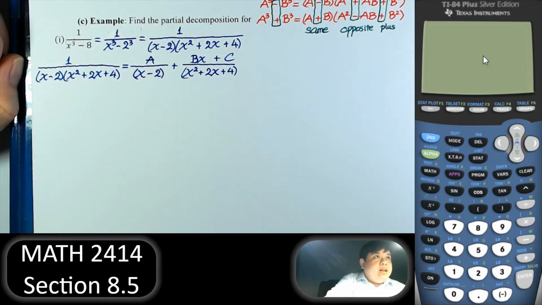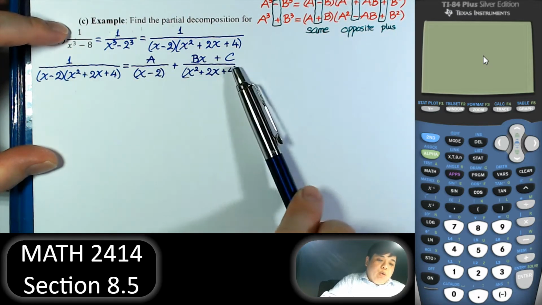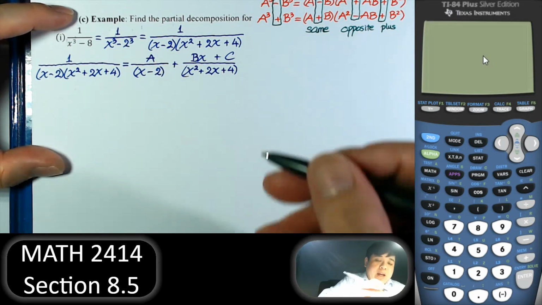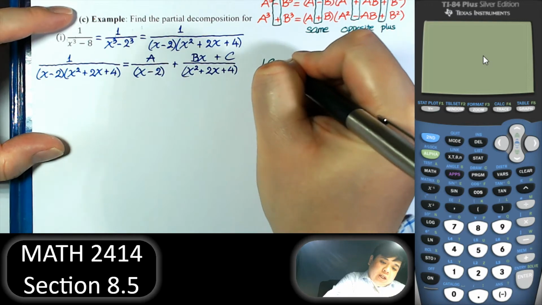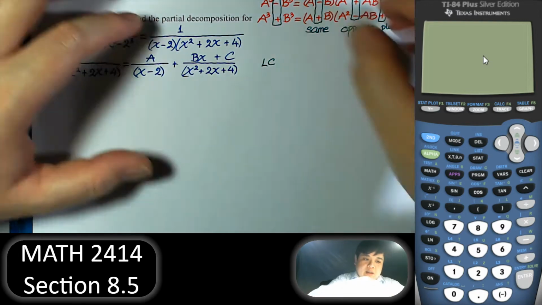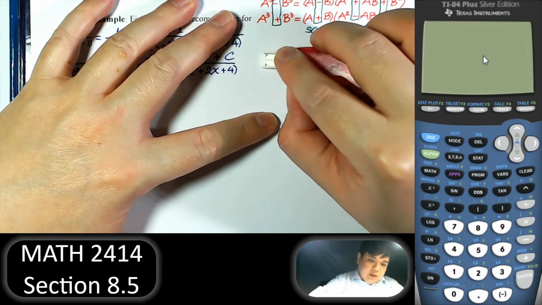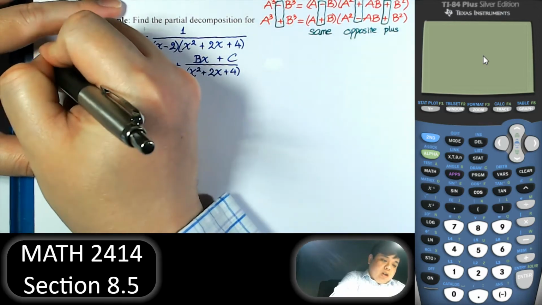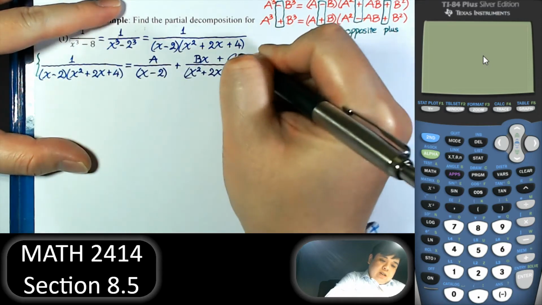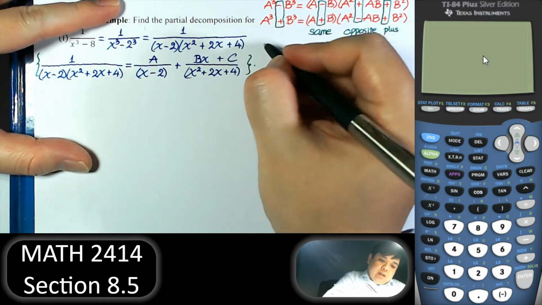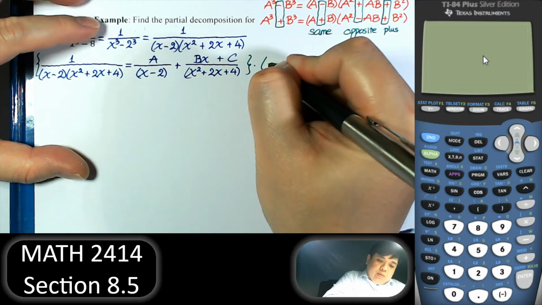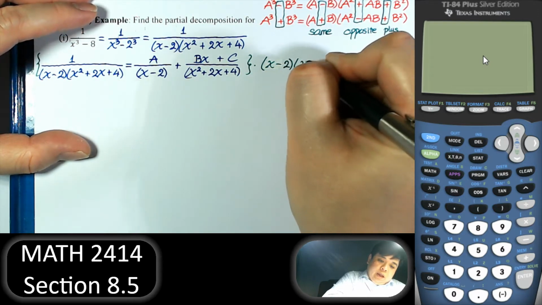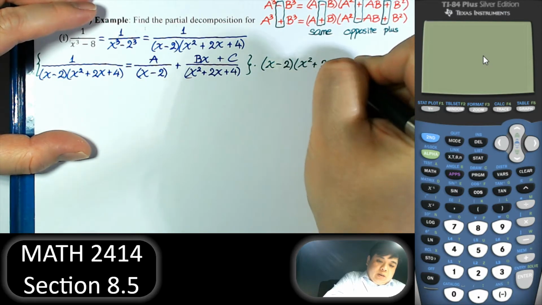Now, from this one, we will multiply both sides by the least common denominator, which is x minus 2 times x squared plus 2x plus 4.